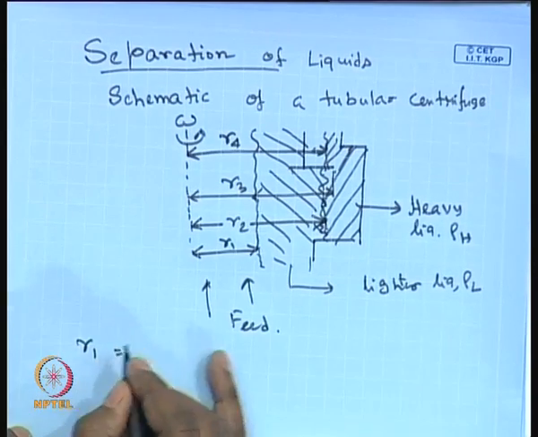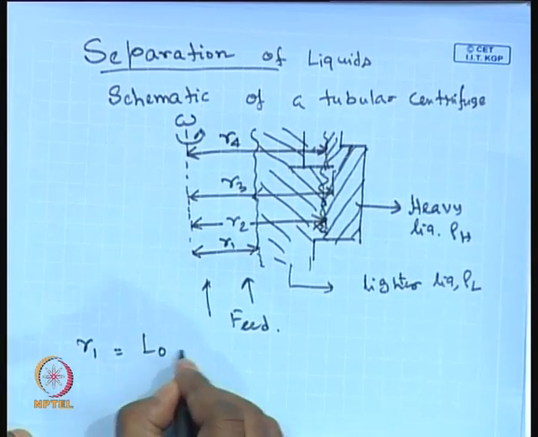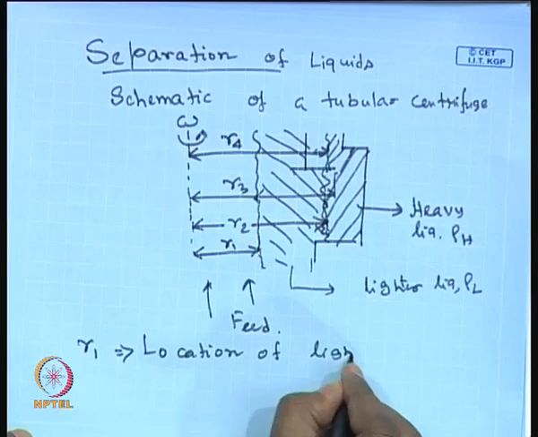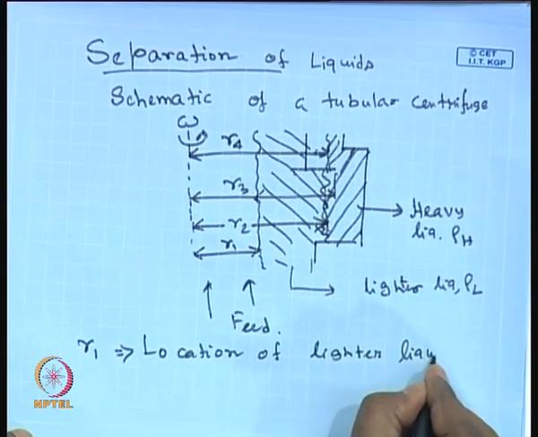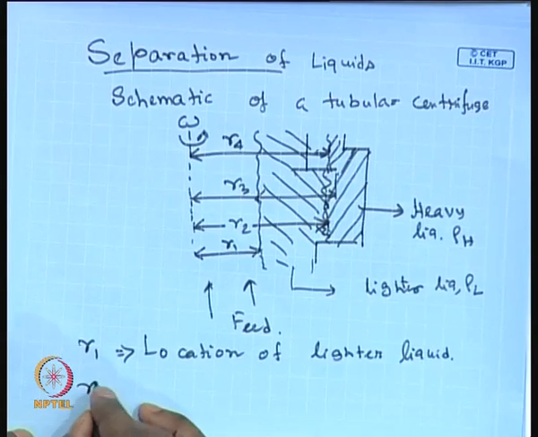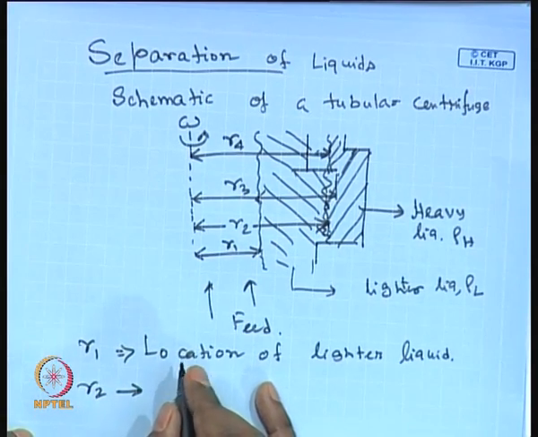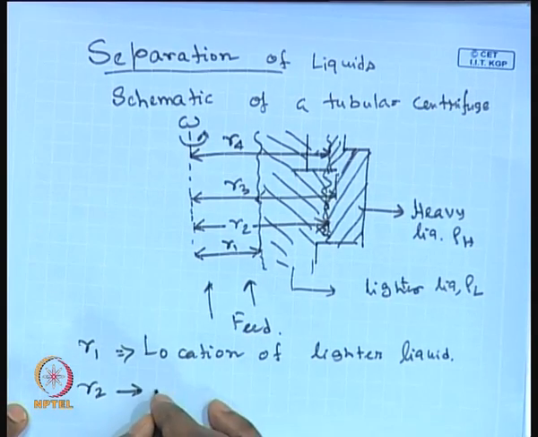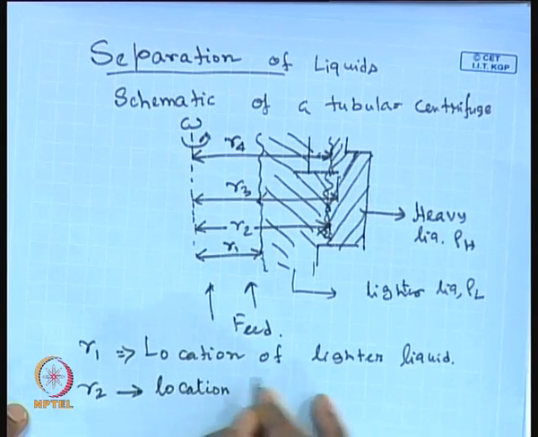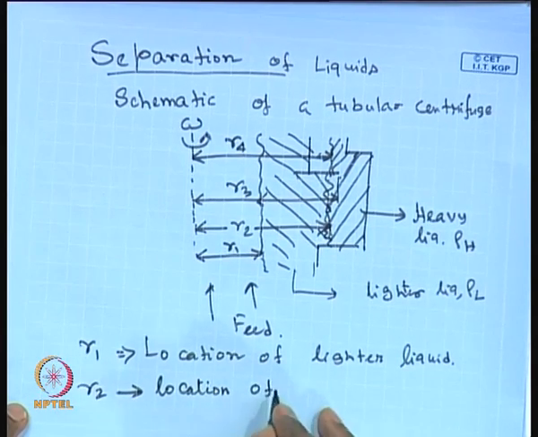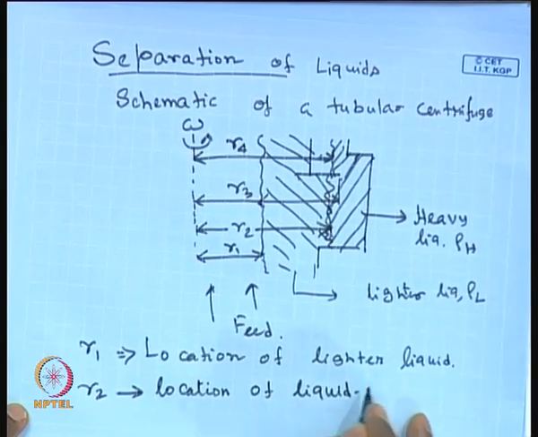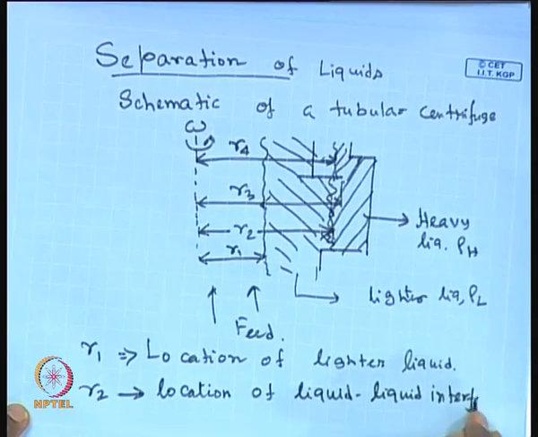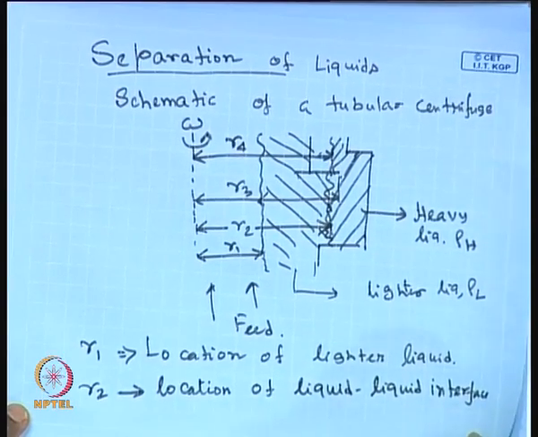R1 is basically the location of lighter liquid, R2 is nothing but the location of the liquid interface, the interface that separates the two liquids. Okay.